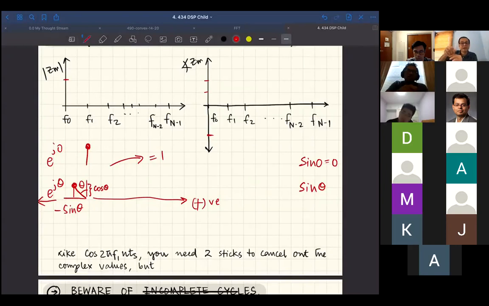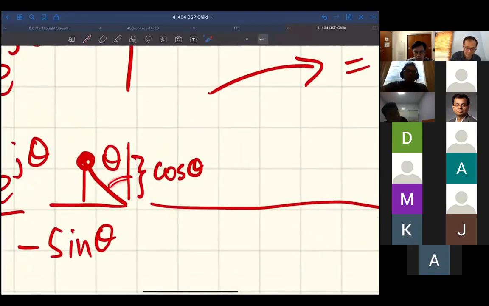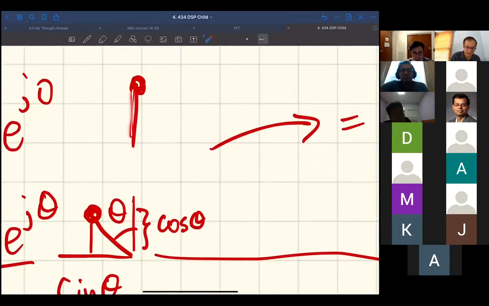Because the stick is now rotating, the stick will rotate theta, 2 theta, 3 theta, and so on. So this is theta, Utkarsh. This is the point to note. If the stick starts here, after theta, it's going to go here. This angle is not theta.